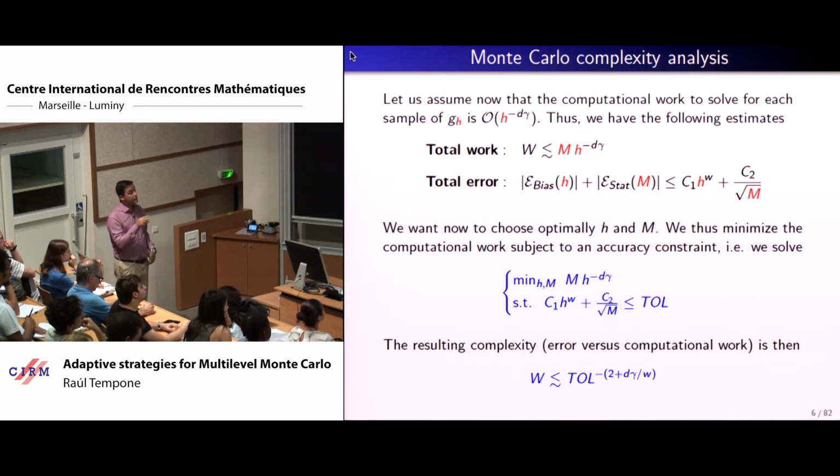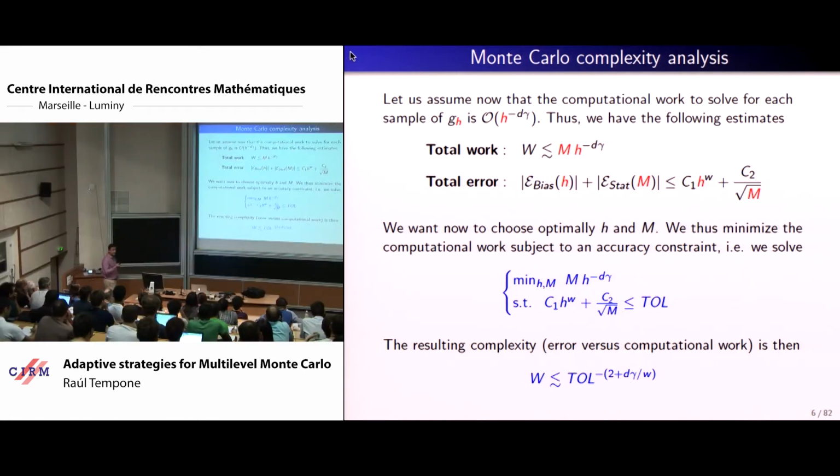So H to the minus D is the degrees of freedom, and then to the power gamma is essentially the cost that one incurs by solving the system. Gamma equals 1 will be an optimal solver, and gamma equals 3 will be the Gaussian elimination. So gamma can range between 1 and 3, and of course H to the minus D is the number of degrees of freedom in your system. Is that clear? Okay. So this adapts to the type of solver. If you use one type of solver or another, this gamma may change.